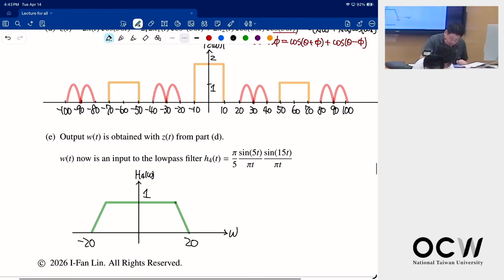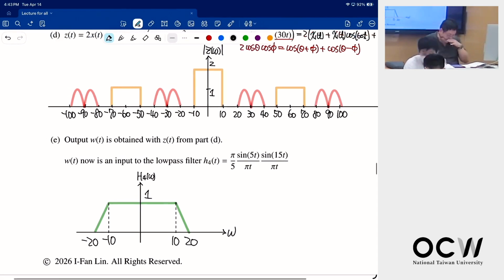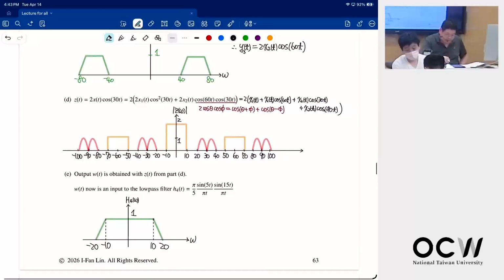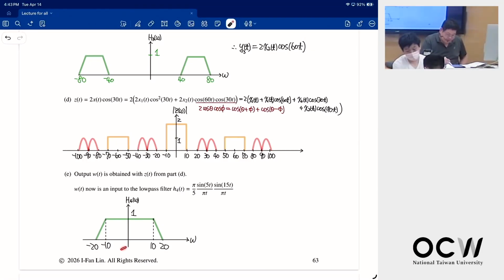And then this is 10, this is minus 10. So after having this low pass filter from minus 20 to 20, this is 1 here.